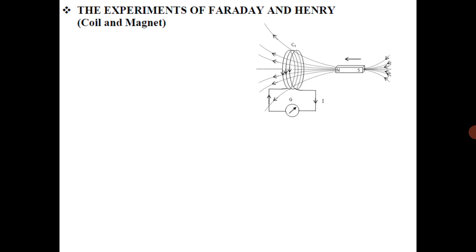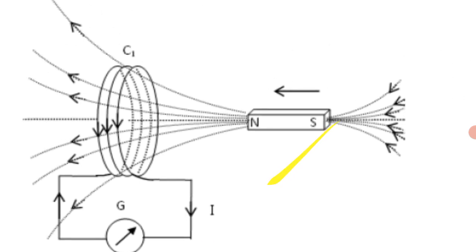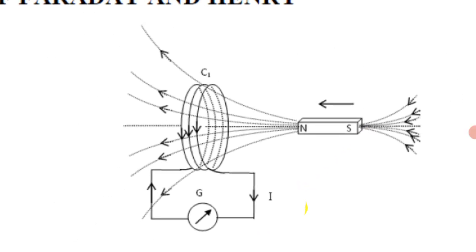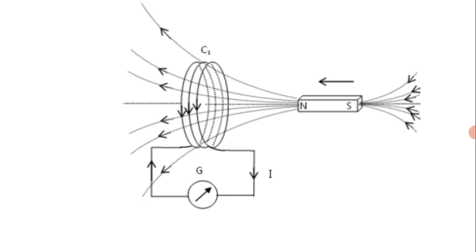So now we have to discuss the experimental study of Faraday and Henry. See, in this experiment there is a coil. The ends of the coil are connected to the galvanometer. What is this galvanometer? Galvanometer is a current sensitive device, means it can detect very small current.